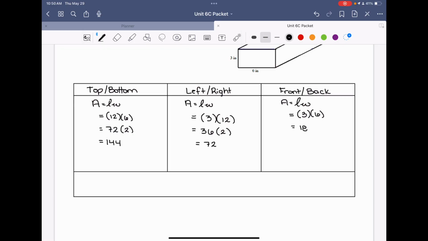So 18 times 2, 36, and when I add them all together for my total, you should have 144 plus 72 plus 36 to give us 252 inches squared.